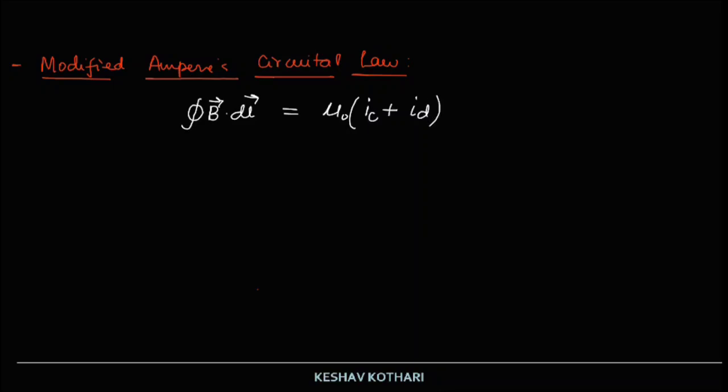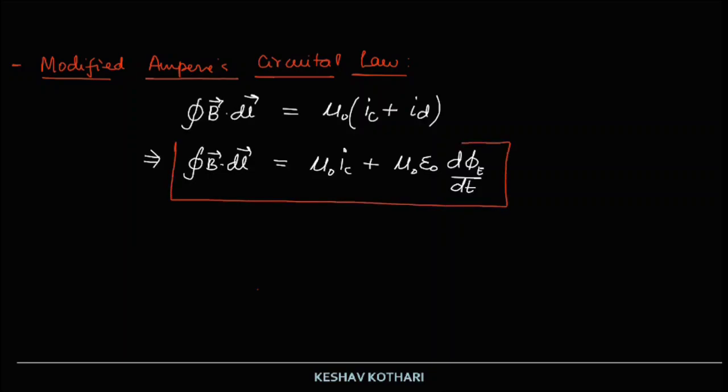If I put the value of the displacement current id, we obtain mu naught ic plus mu naught epsilon naught of d phi e by dt. So this is the expression that we end up getting for the modified version of Ampere circuital law, which we will be using in the case of electromagnetic waves.